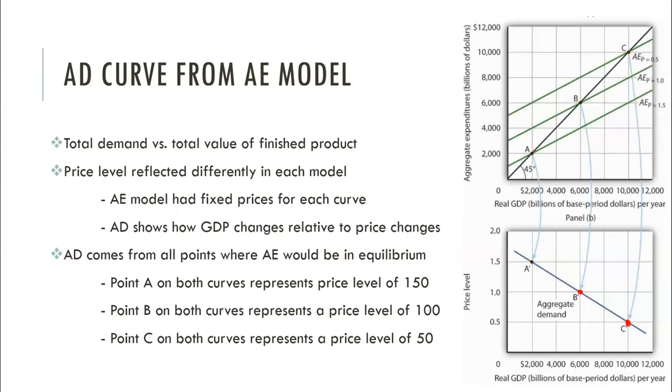So the aggregate expenditures model shows you points of equilibrium and disequilibrium. If our businesses produce too much or too little, they need to adjust until they get back to that point of equilibrium. And then aggregate demand just shows you all of those points.